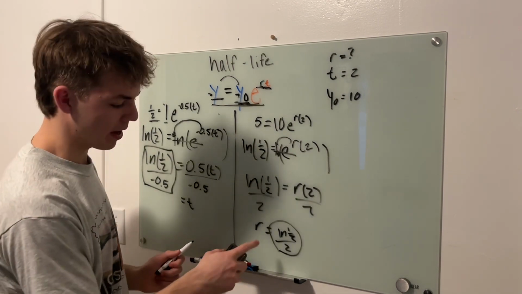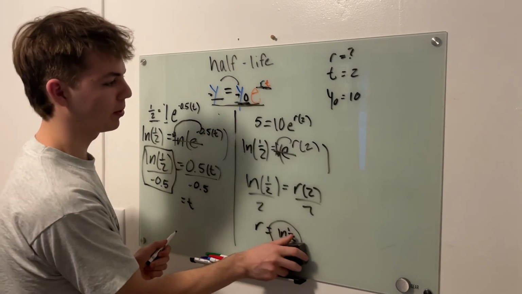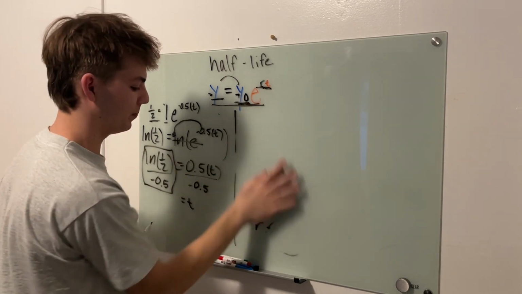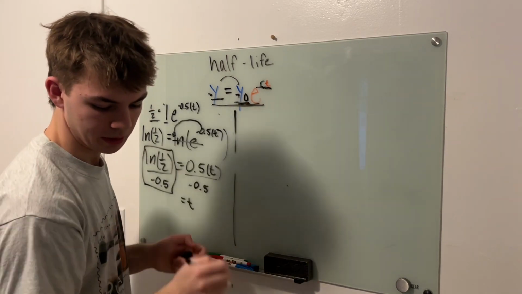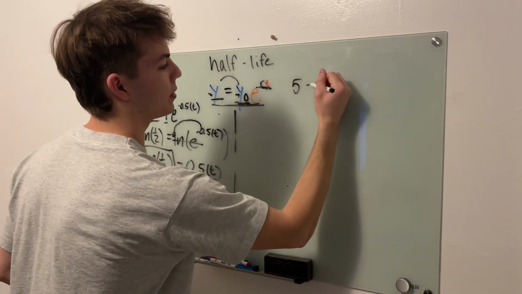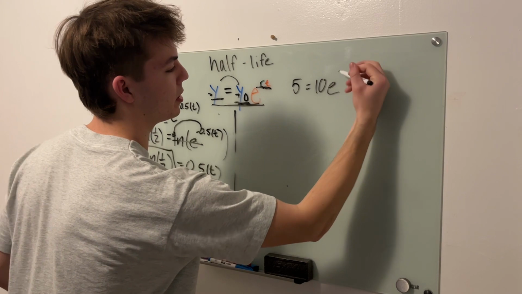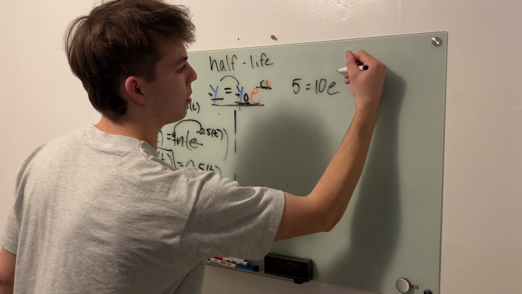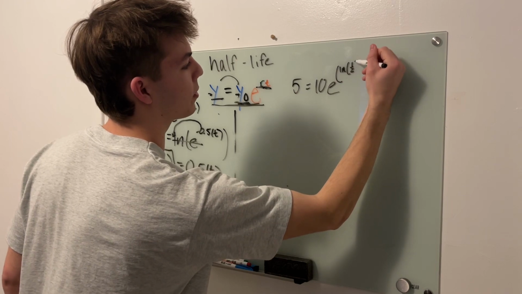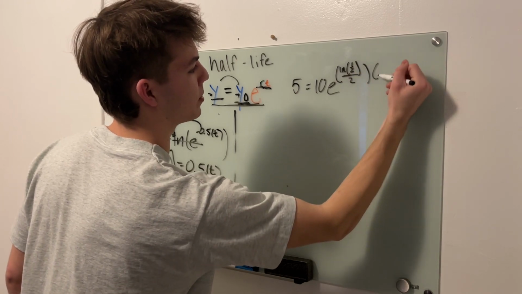So now that we have our rate of decay, we can plug this back into our equation just to check that we got it all right. And we're going to be using the actual units. So we have 5 equals 10 times e to the power of natural log 1/2 divided by 2, times 2.